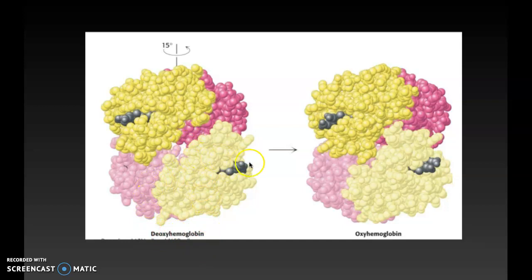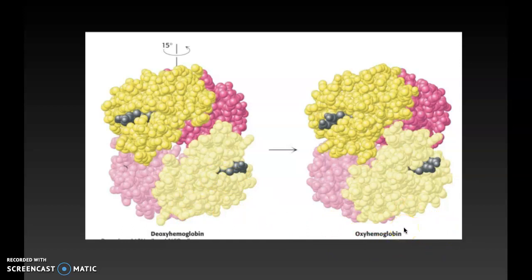So when oxygen binds to the iron molecule of the heme, it leads to a structural transition from the T state, which is the deoxyhemoglobin, to the R state, which is oxyhemoglobin. The T state has a lower oxygen affinity, whereas the R state has a higher oxygen affinity.